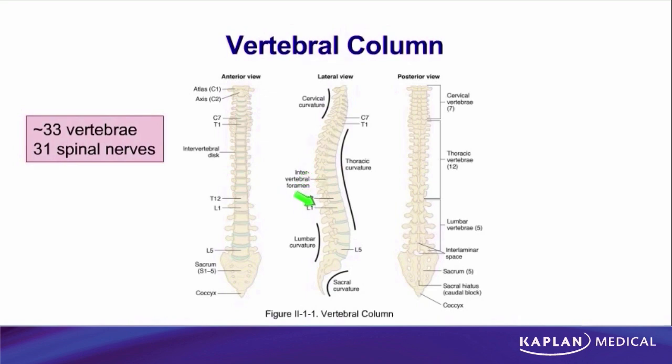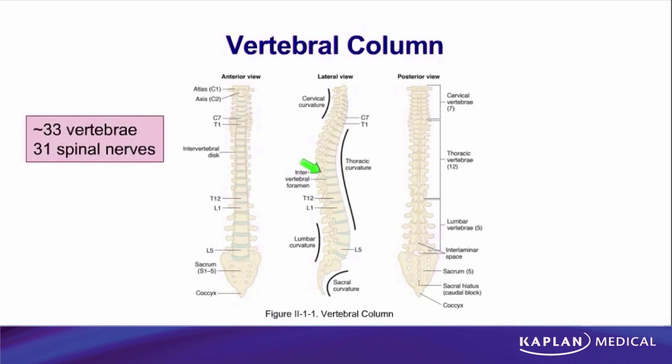And what we have to allow that to happen is the intervertebral foramina, here, here, here, here. Those are each intervertebral foramina. And what passes through each intervertebral foramen is a spinal nerve. There is one spinal nerve in each intervertebral foramen.